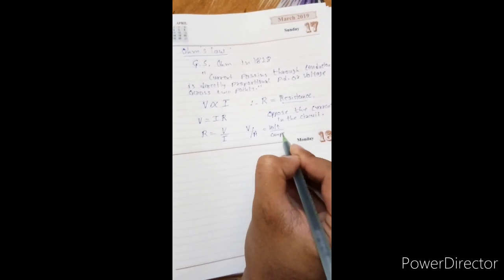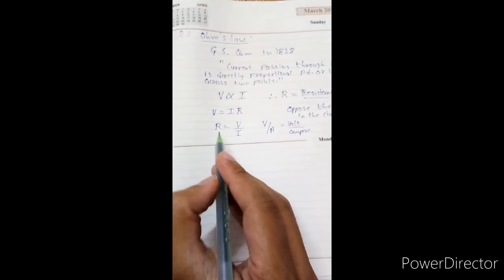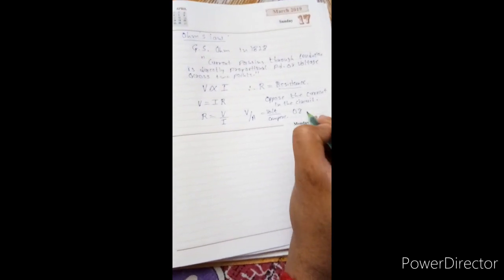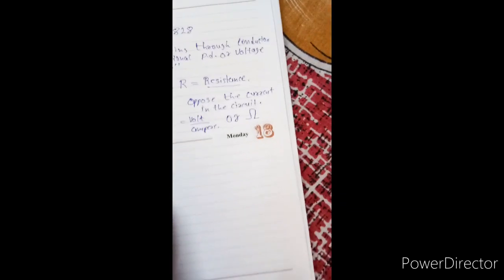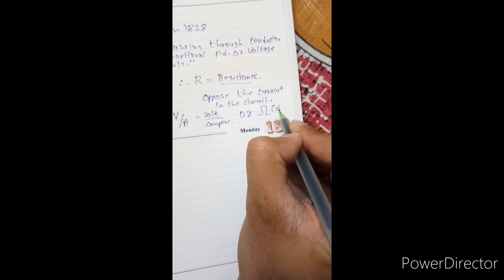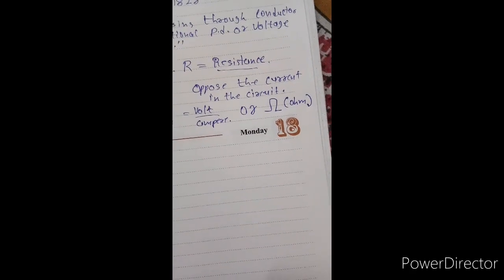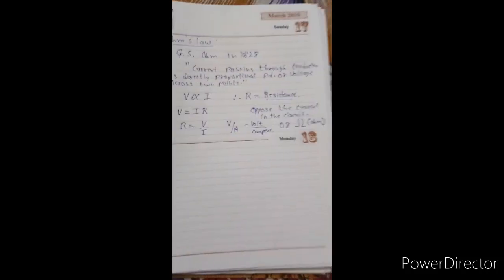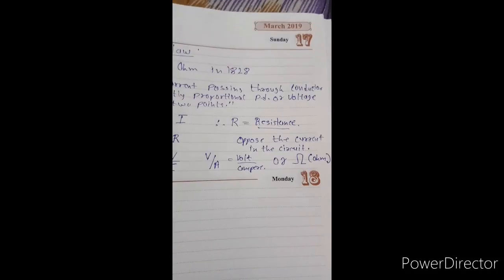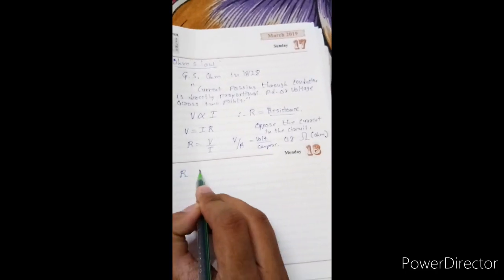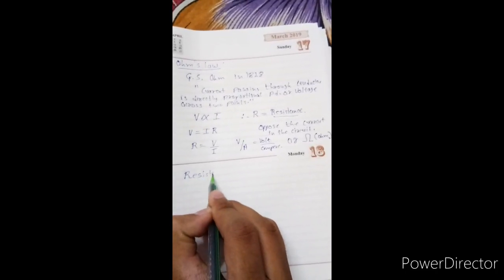You can write like this. Another unit of resistance is this symbol, which is known as the ohm. R is known as a resistance.